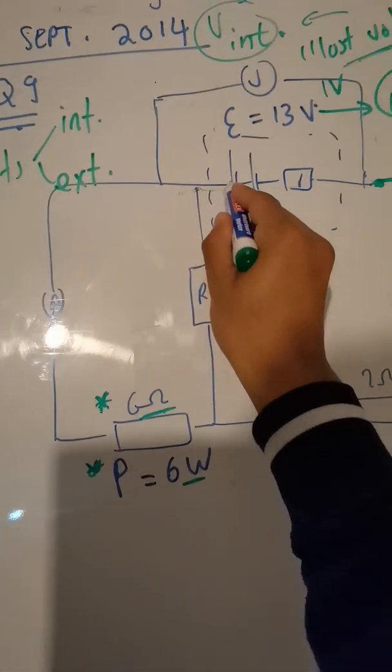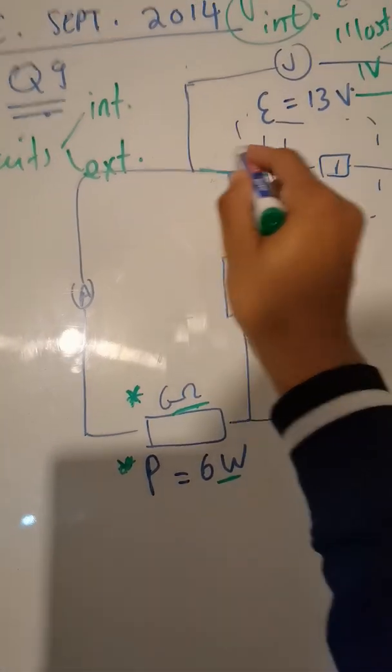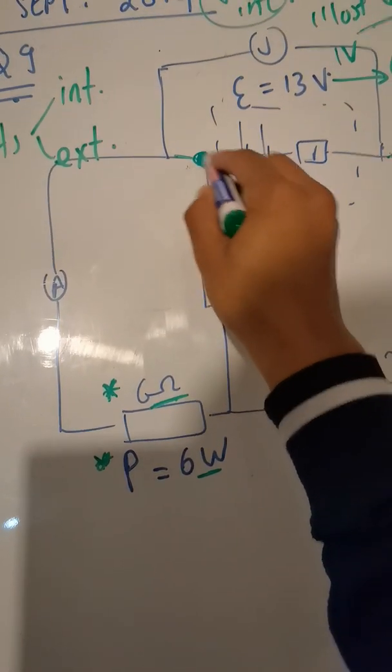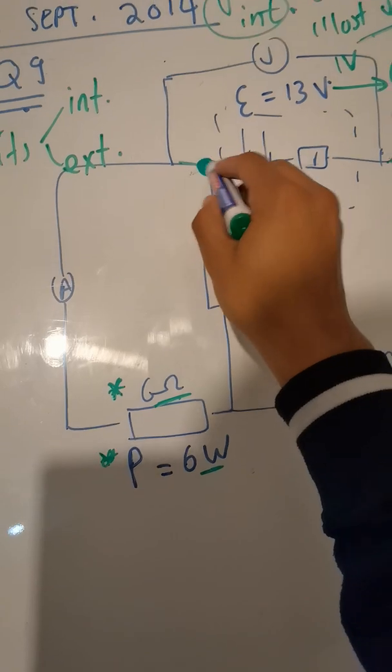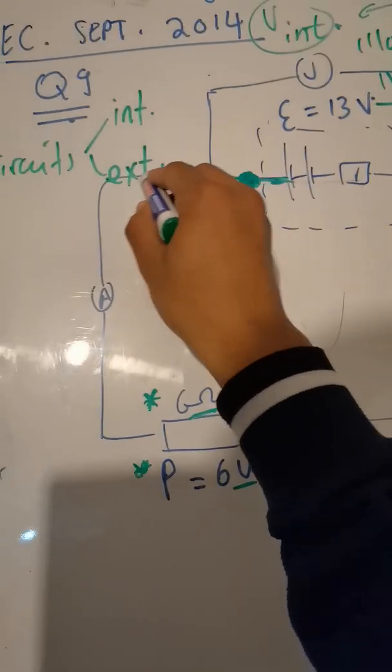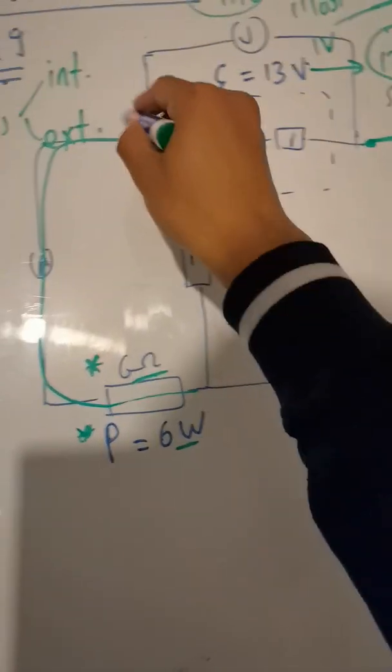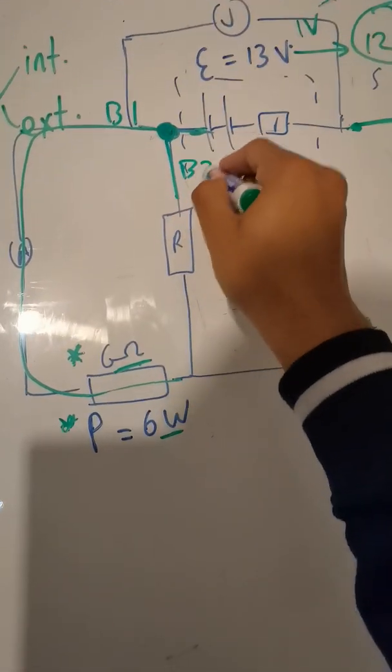Current flows from the battery, right? At this point over here, current is going to split into branch 1 and branch 2.